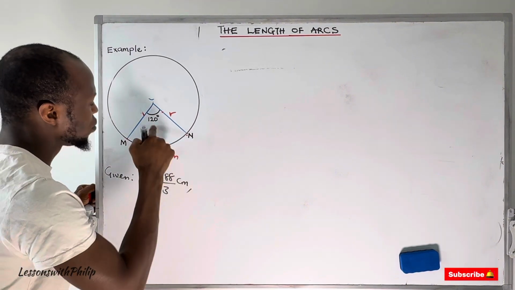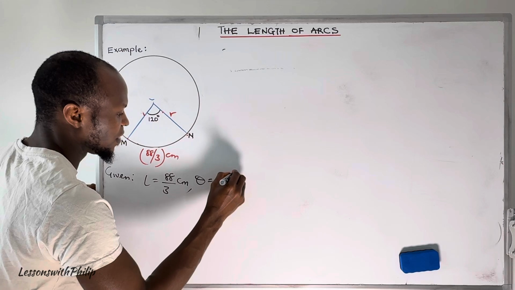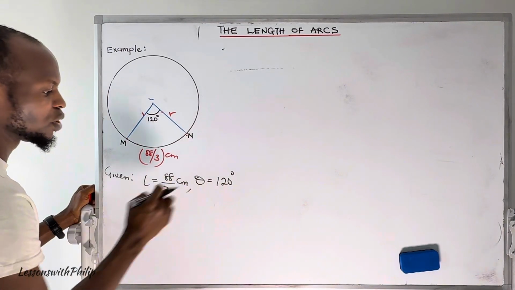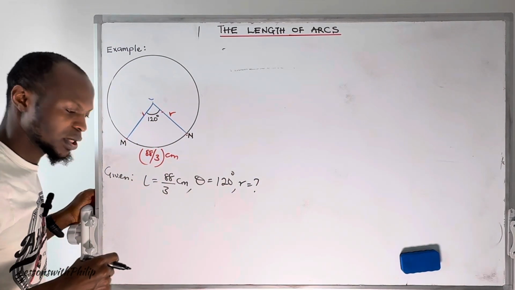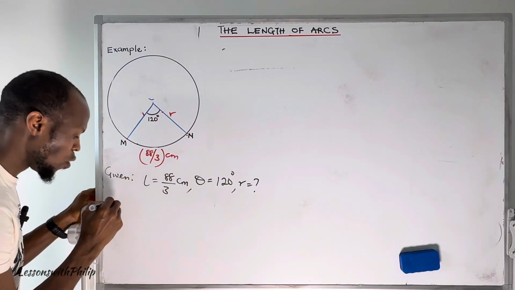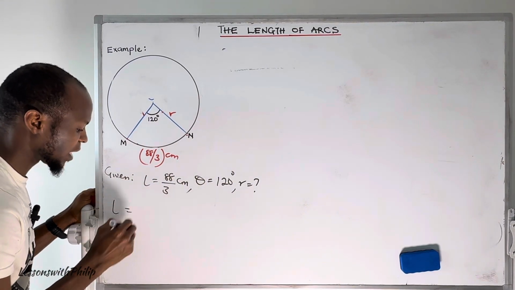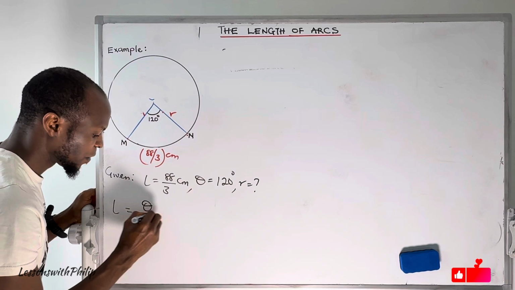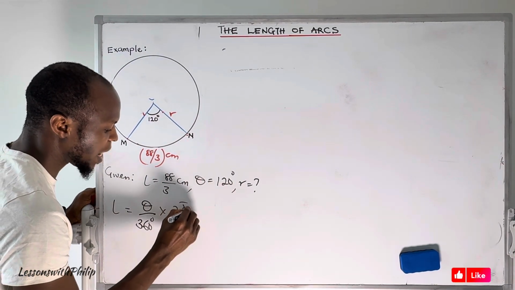We're given the angle that the arc subtends to be 120 degrees. We have to find the radius. Since we have to find the radius and we're given the length, we still go with our formula, which says the length of an arc is equal to theta over 360 degrees multiplied by 2 pi r.